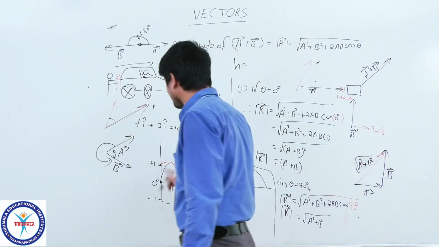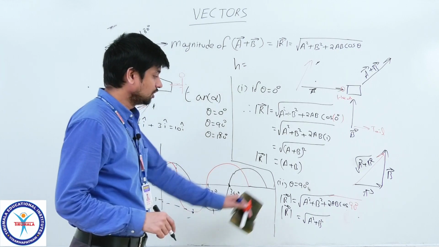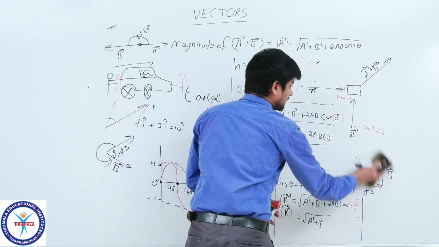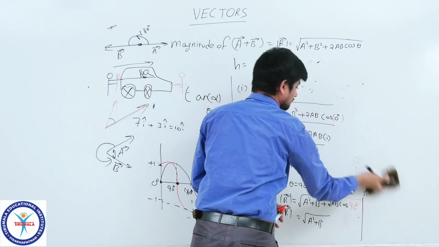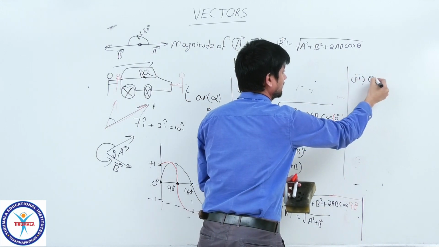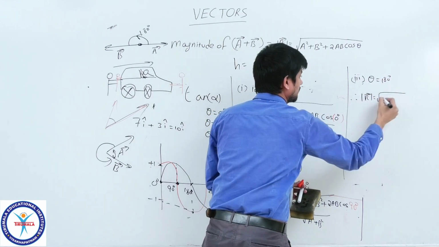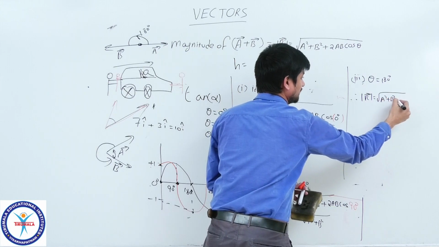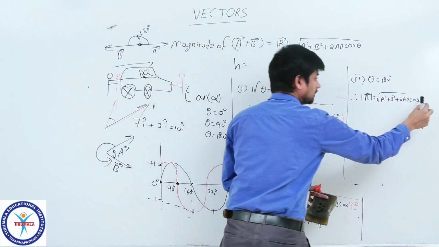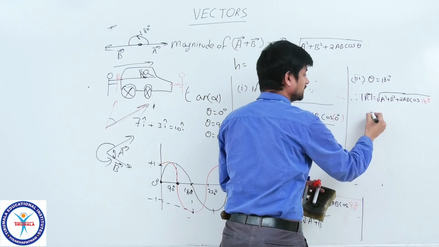So, if you take the cos theta 180 value as minus 1, you will get, here I am writing, children, see, listen, third case, theta equal to 180. Therefore, modulus r bar equal to root of a square plus b square plus 2ab cos 180. Cos 180, so what do you get?